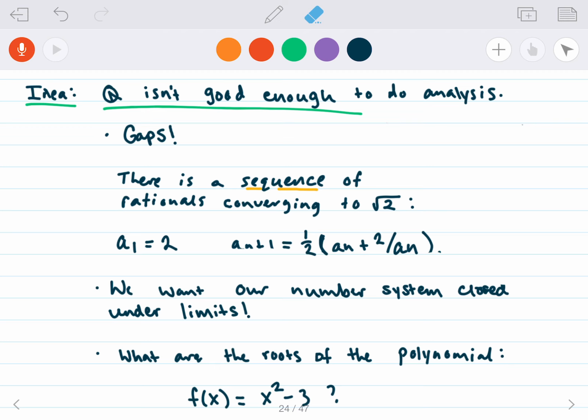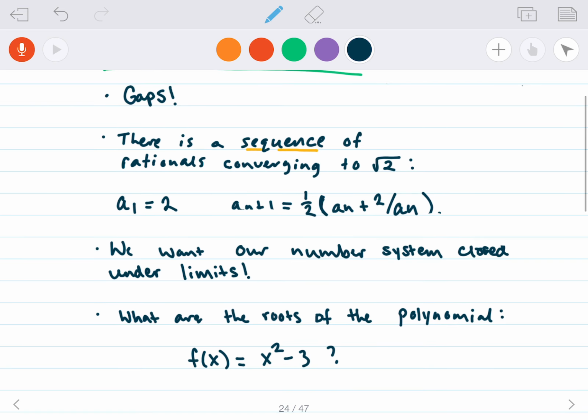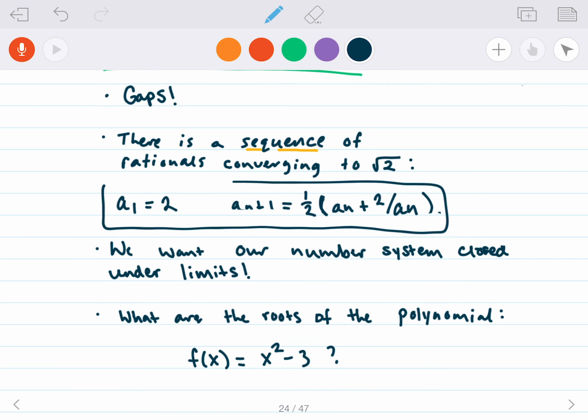We want to extend this notion to analysis concepts. We want sequences of numbers to converge to a number in that set. The problem with the rationals is that we can construct a sequence where all of the elements are rational, but it converges to an irrational, square root of 2.